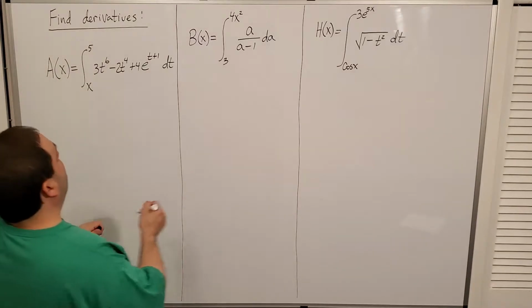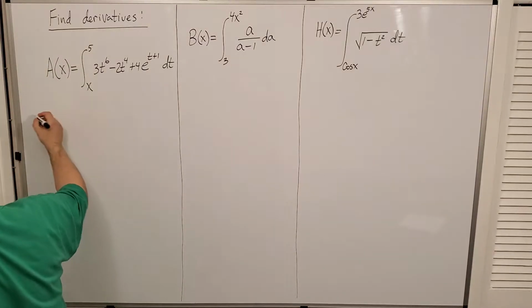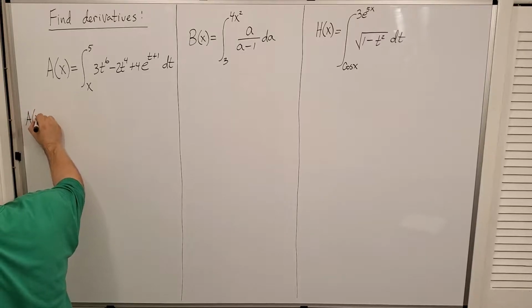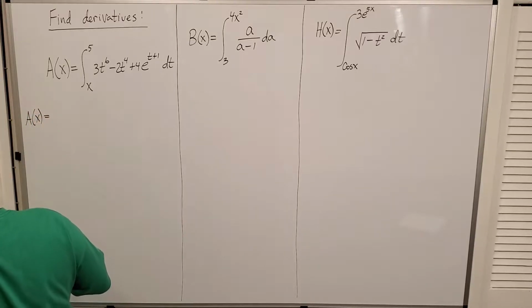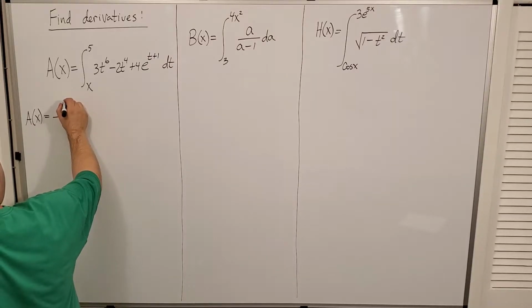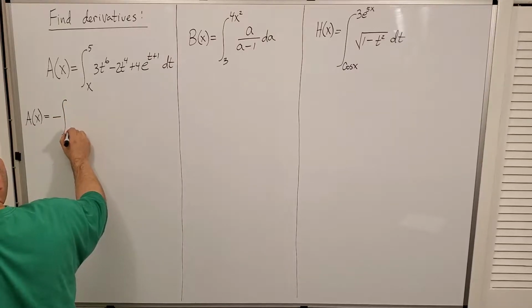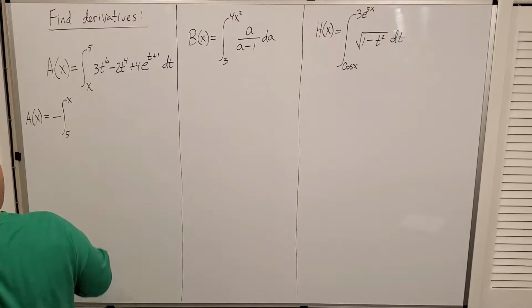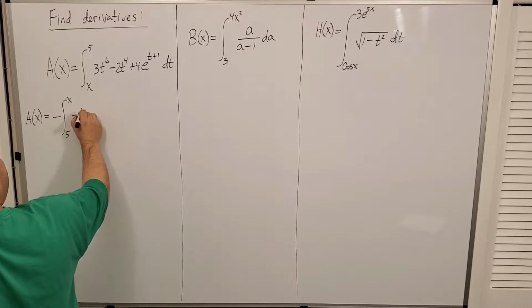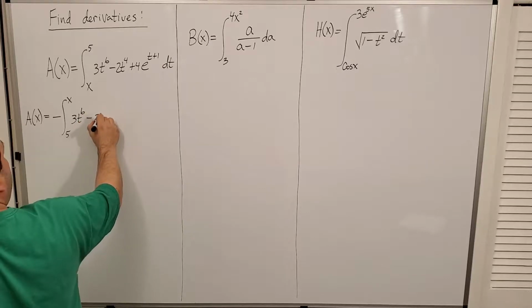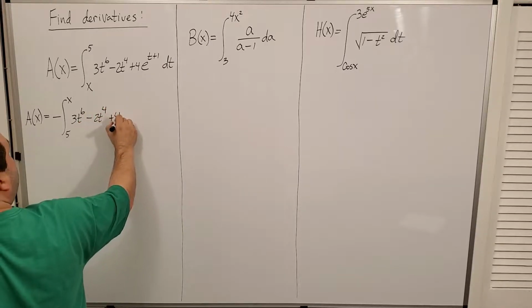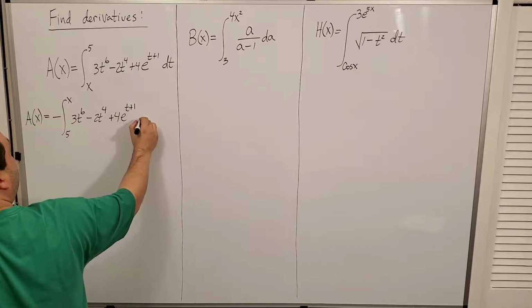So the first thing I'm going to do is rewrite it using my definite integral properties, which, if you remember, I would just get the opposite of the integral from 5 to x now. Still 3t to the 6th minus 2t to the 4th plus 4e to the t plus 1 dt.